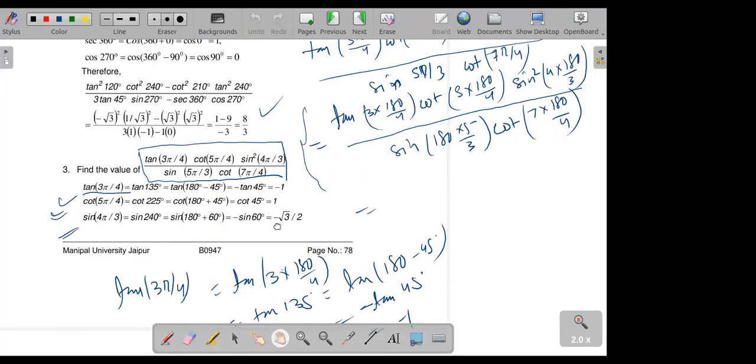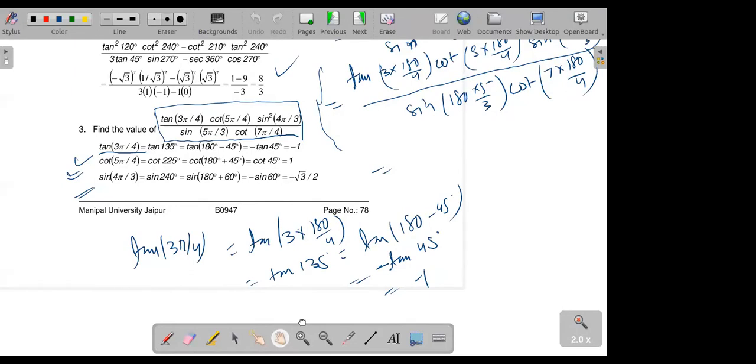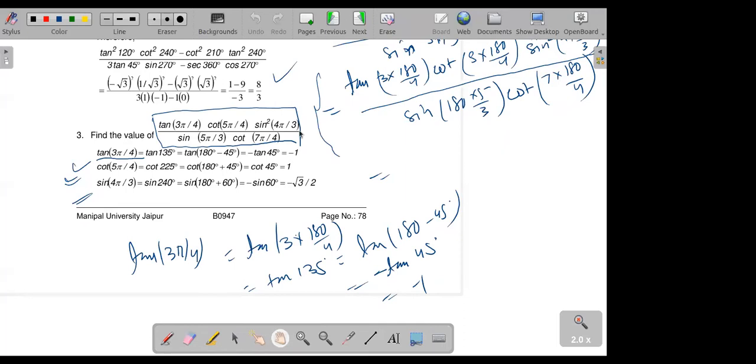I solved just one term and told, because solving fully will consume time. No problem. The answer is minus root 3 by 2 in the PDF. Okay, yeah, minus.